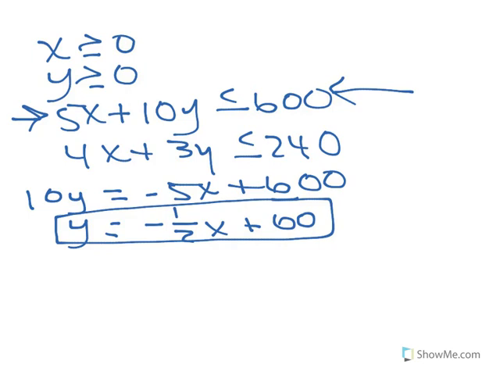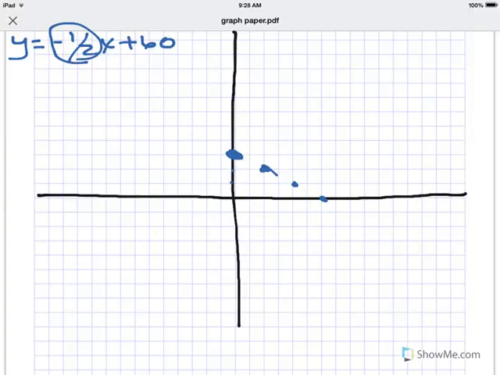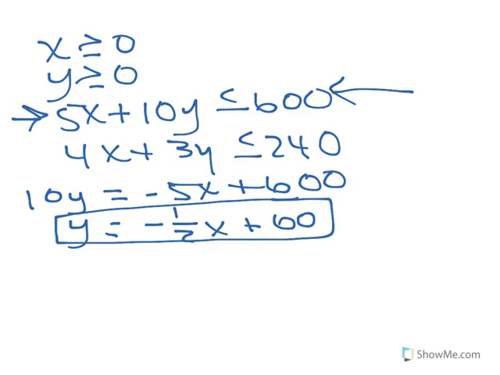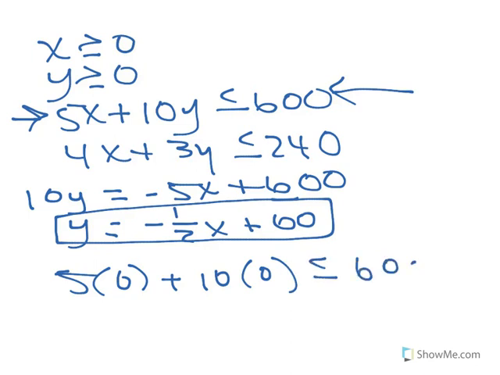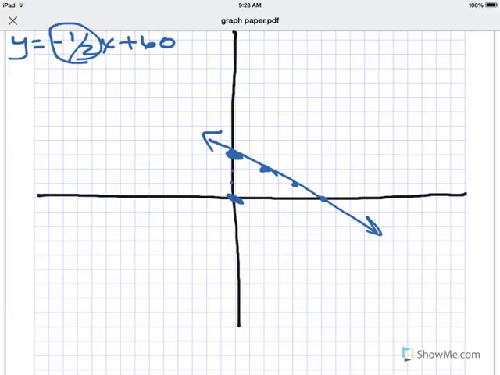So if I pick a point on either side of my line that I am graphing, and I think I'll pick 0, 0, and I plug it into my original equation, it is true because 0 is less than or equal to 600. That means that the point that I picked is true, and the shading for this line would be below this line. Now I have to worry about graphing my other equation.